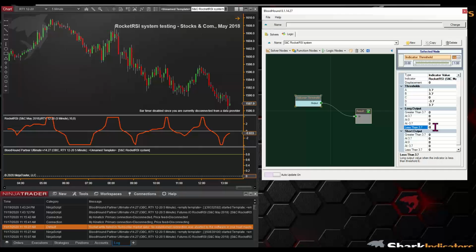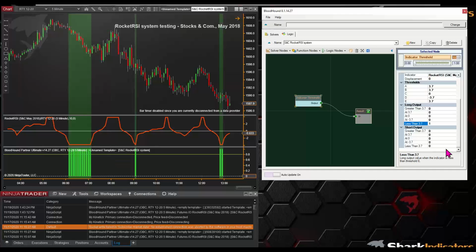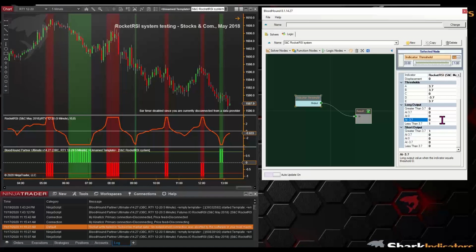And I'm going to configure the outputs so that we're going long when it's at the bottom extreme, and we're going short when it's at the top extreme, because what we want to do is capture these points where it hits these extremes and then turns around on us.